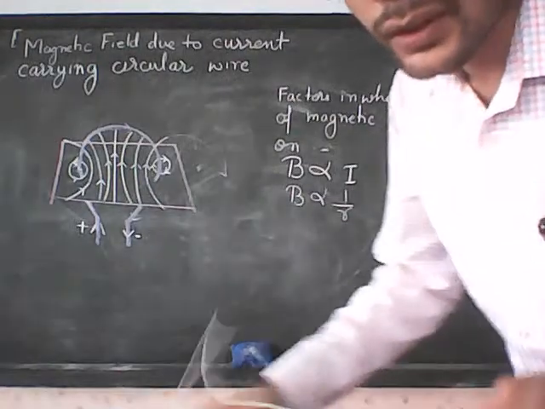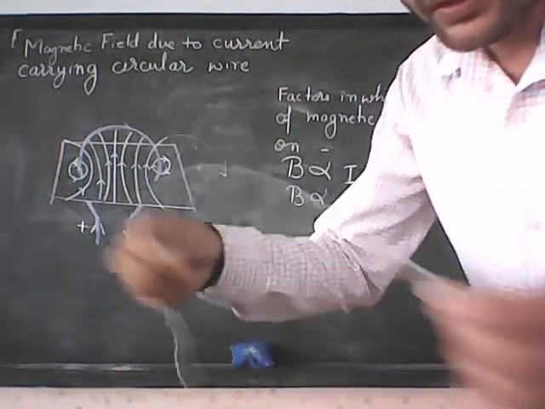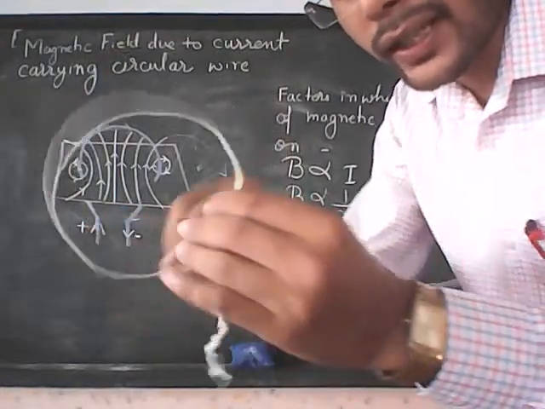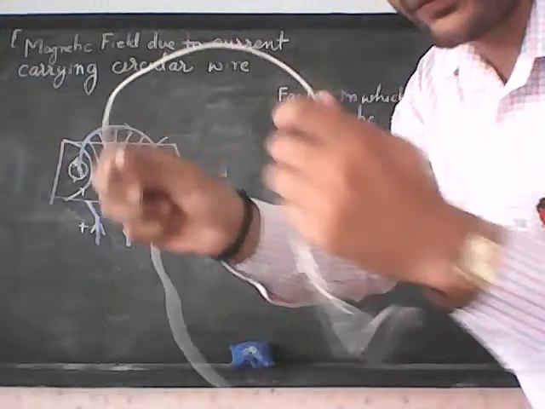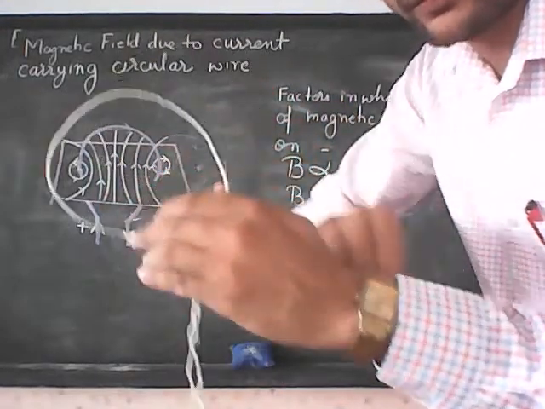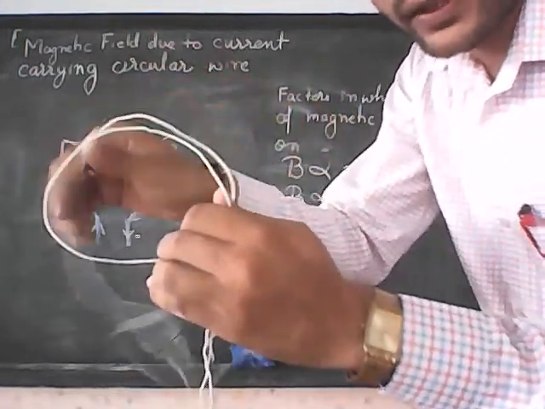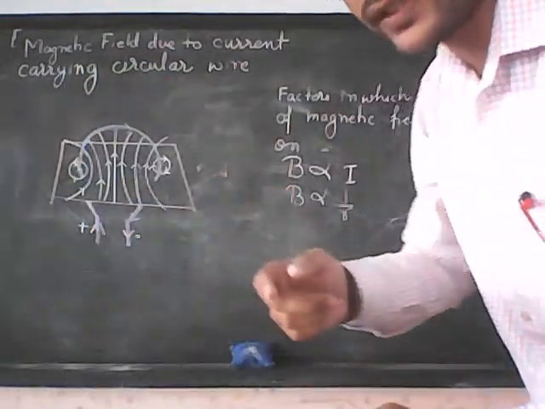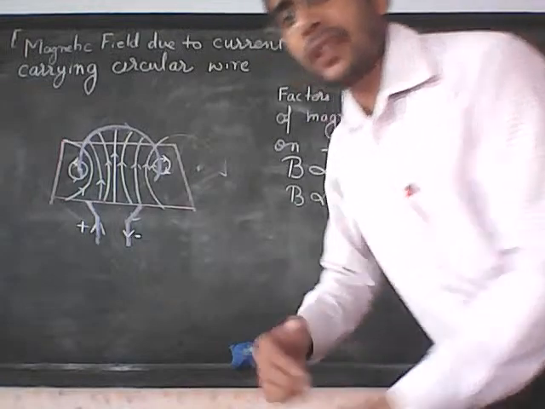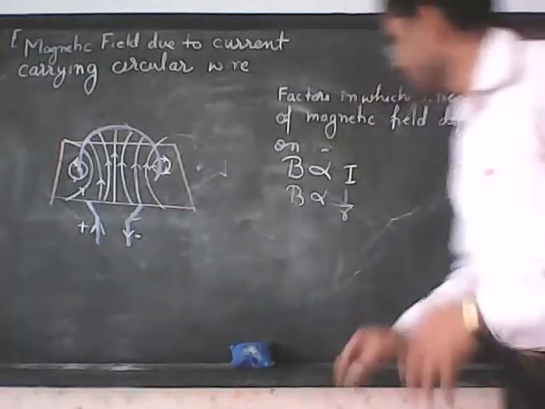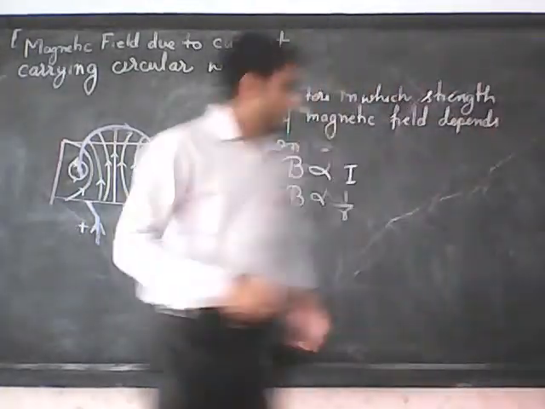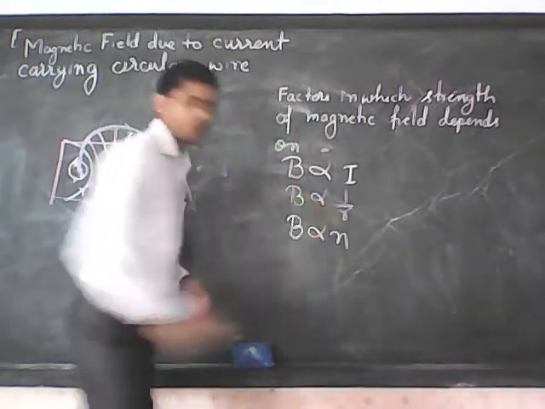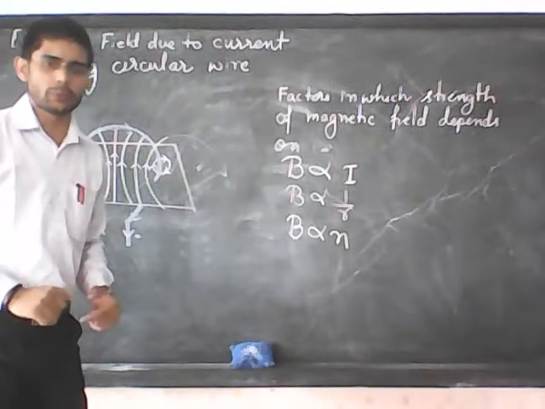Now see, this is the wire. When you increase the number of turns of this wire, this is one turn, then this is another turn, and in a similar way when you increase the number of turns, at that time the magnetic field will increase. It means that the magnetic field is also proportional to the number of turns of the circular loop.